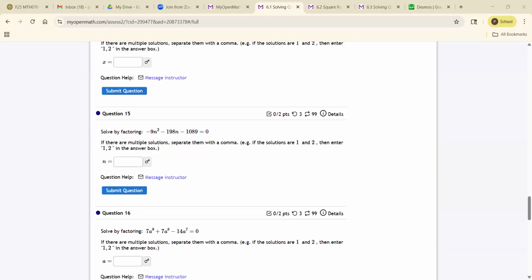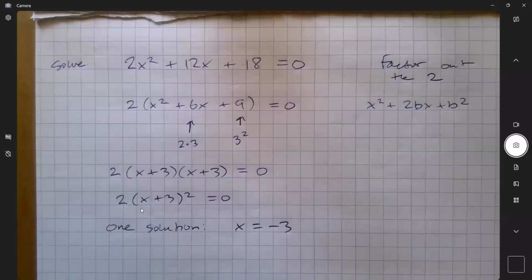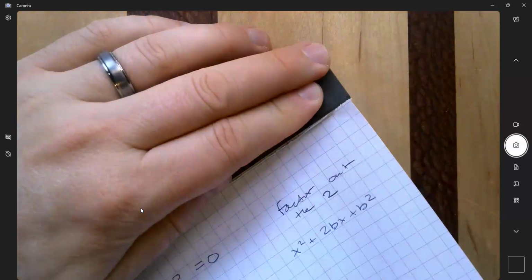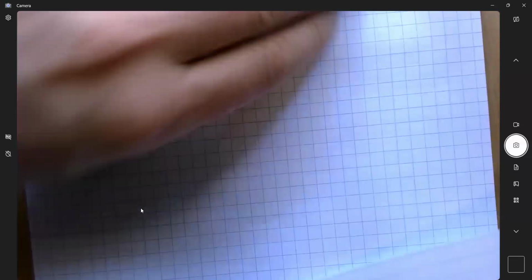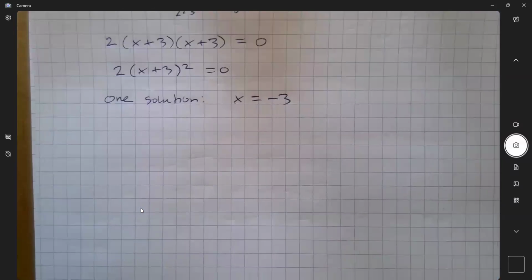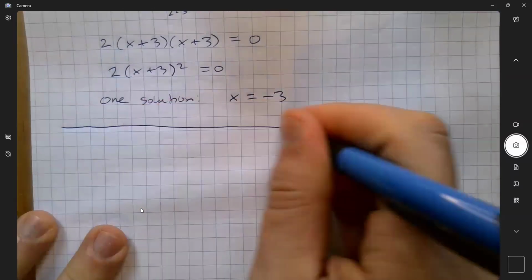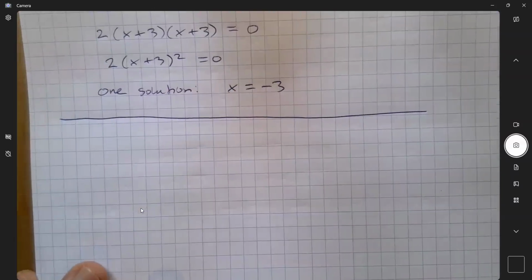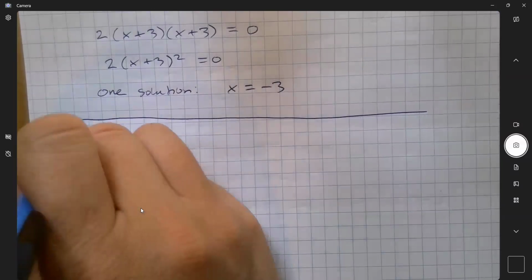Okay, there's one more kind of specific example that I want to go through. It's another kind of an extension.